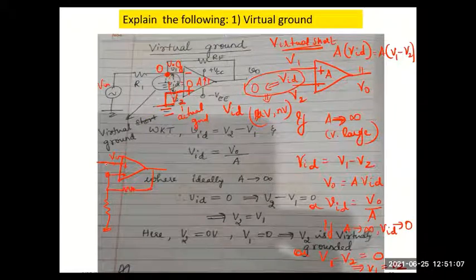See, the voltage at point A is Vin. I'm just showing you an example. The voltage at point A is Vin. Can I find what will be the voltage at point B? How much will it be? VB.